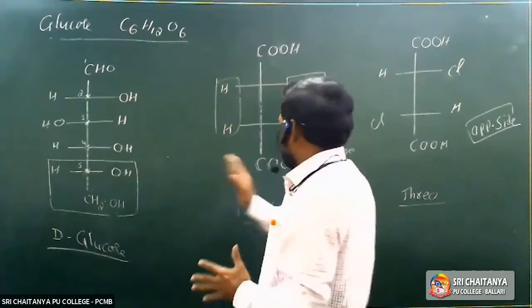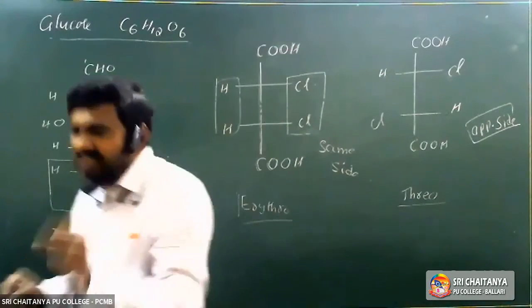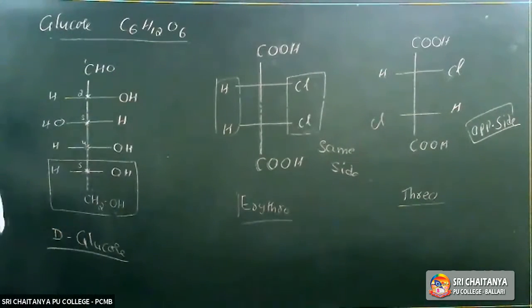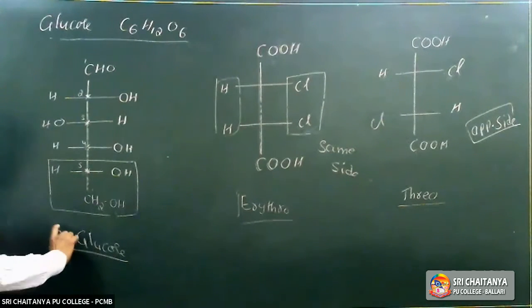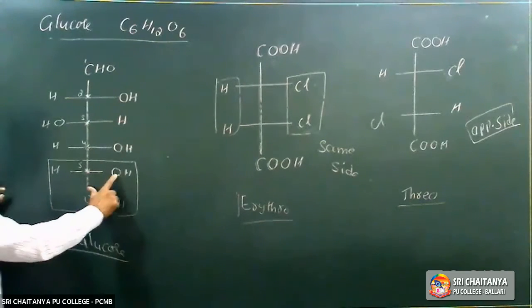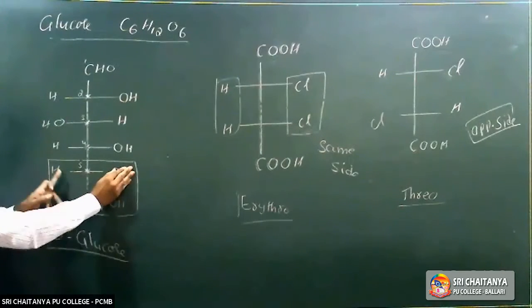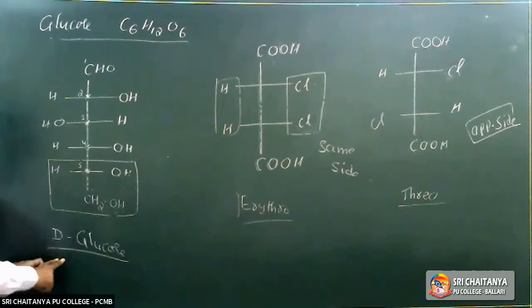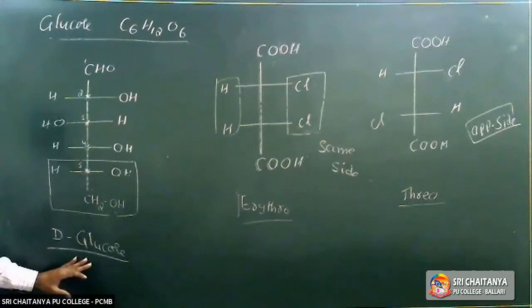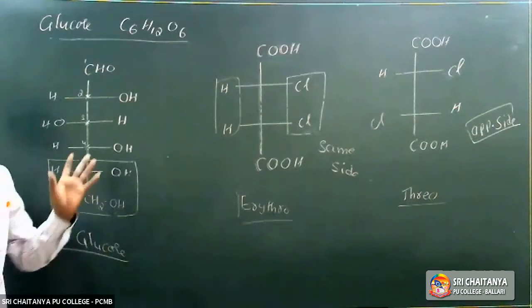Next one. So capital D. What is the difference between capital D and small d? Small d means dextrorotatory compound. It is related to plane polarized light optical activity. Capital D means the reference compound is glyceraldehyde; on the higher asymmetric carbon, OH present on the right hand side is called capital D. Suppose OH present on the left hand side, it is capital L. But there is no relation between capital D and small d, and no relation between capital L and small l.